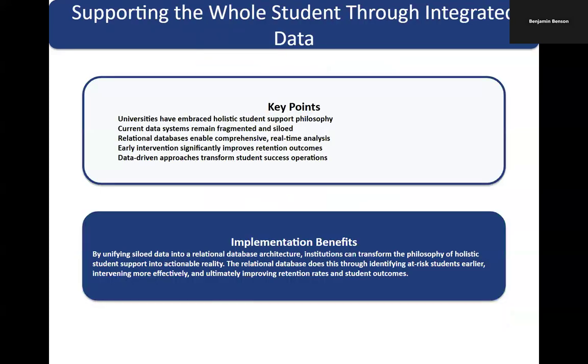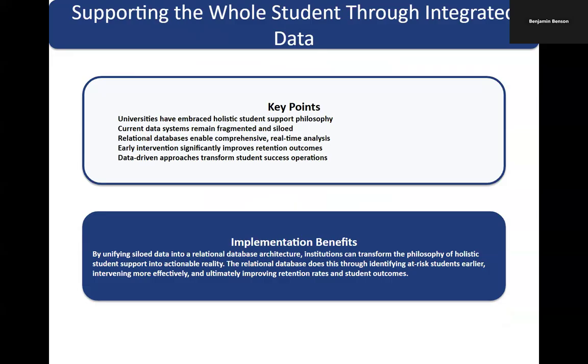And then finally, a lot of universities are moving to a holistic version of student success, which is important. It is good. But if that is the case, there is an incongruence with how we track their success. And that's the point of this relational database model, and this is why it would help.